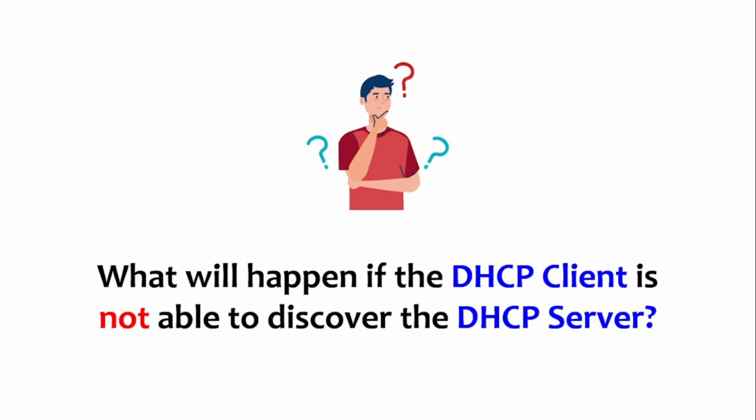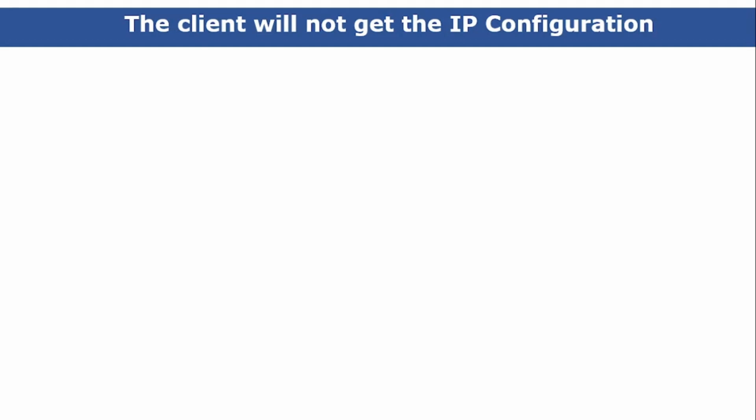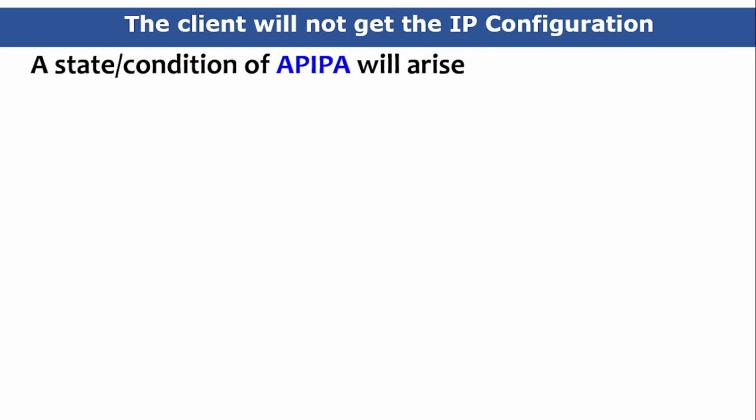Definitely the client will not get the IP configuration because it's not able to find the DHCP server. But a state of APIPA will arise here. So what is APIPA?